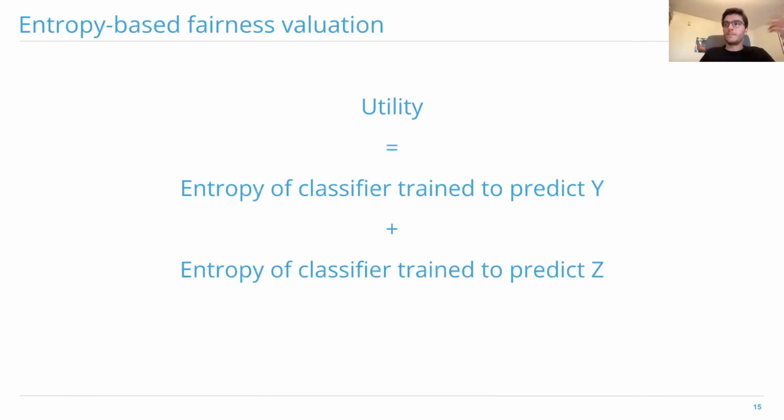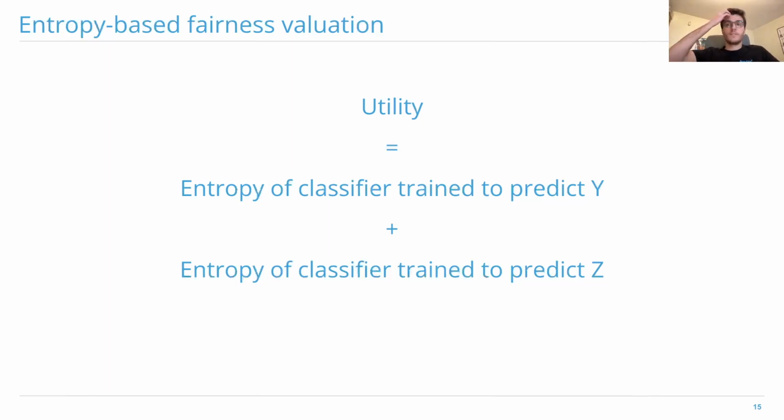Imagine a very simple scenario where we have a variable z, for example, age group, with two groups, 0 and 1, and both of them encompass 50% of the data set. If we train a classifier to predict this group with the rest of the features and the target in our data, and the classifier had random performance, that could equate to the classifier always predicting, for example, 0.5 for every instance.